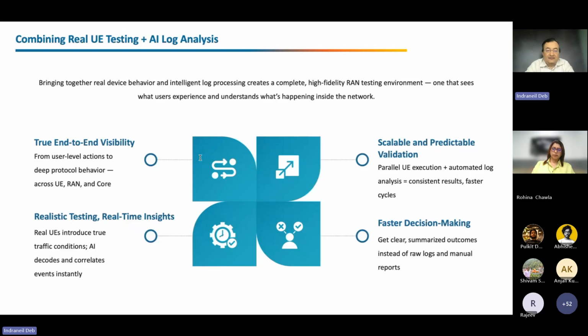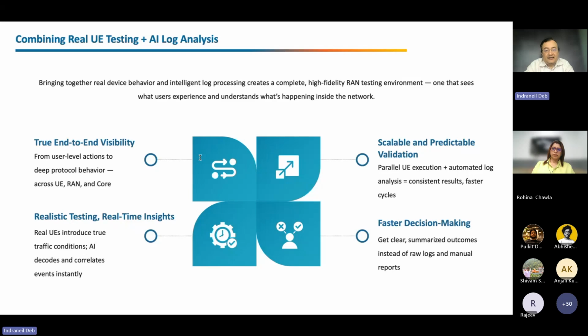This renders verdict generation in real time possible, and it also renders redundant the need to sift through voluminous logs post-testing. So you get your log, you get your verdict immediately after the test case happens, and there is no need to do any kind of post facto manual log analysis. That very time-consuming portion of the testing phase is cut off.